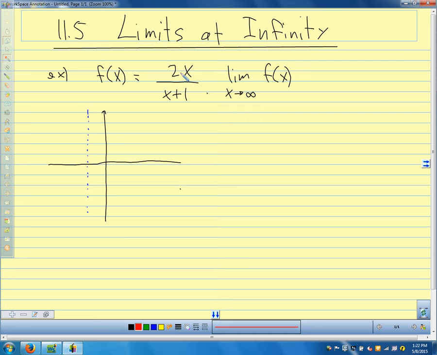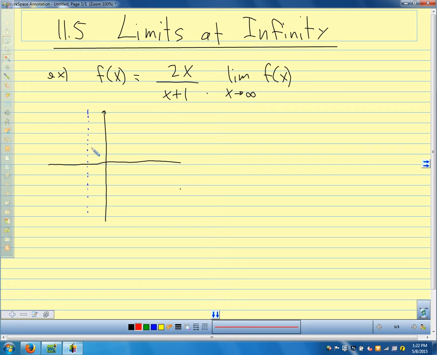And rational functions also have horizontal asymptotes. You remember how we find the horizontal asymptote of this thing? The degree of the numerator and the degree of the denominator are the same. So our horizontal asymptote is at the ratio of the leading coefficients.